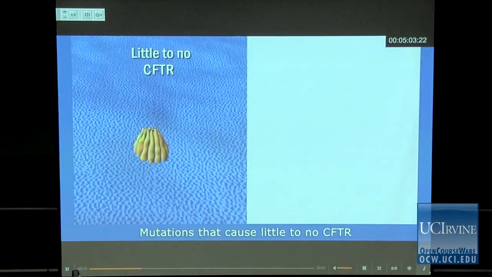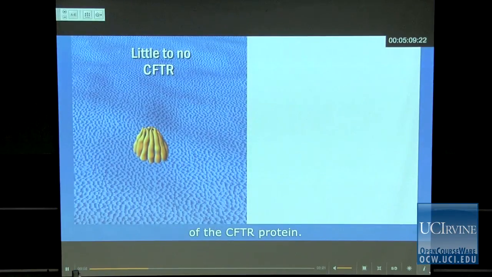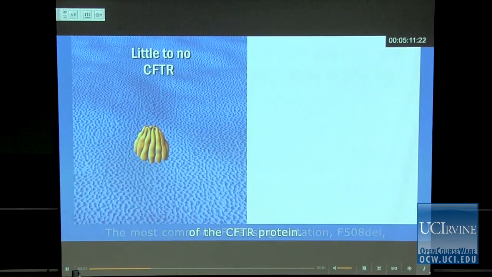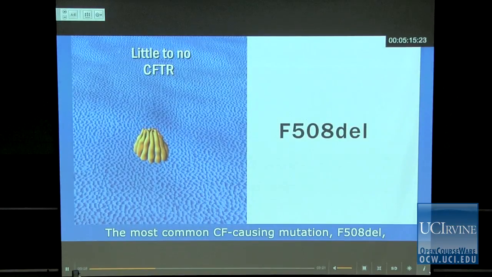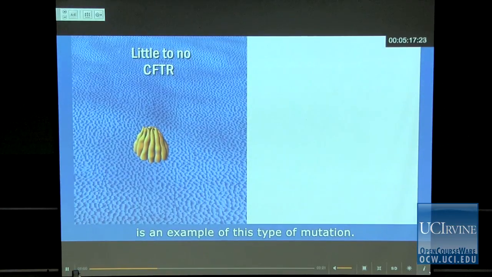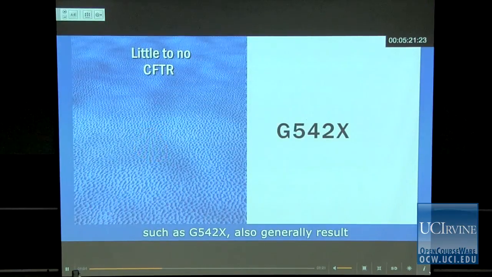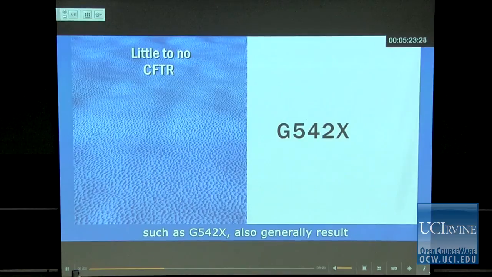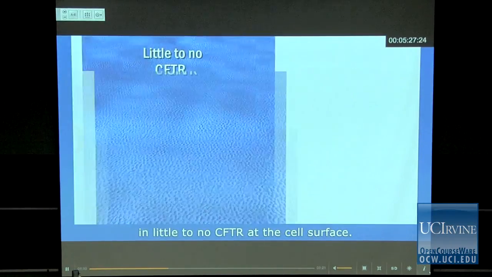Mutations that cause little to no CFTR at the cell surface are often the result of improper folding and processing of the CFTR protein. The most common CF-causing mutation, F508 deletion, is an example of this type of mutation. Premature stop codon mutations, such as G542X, also generally result in little to no CFTR at the cell surface.